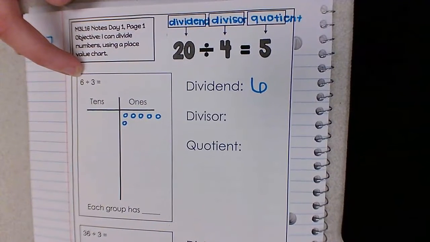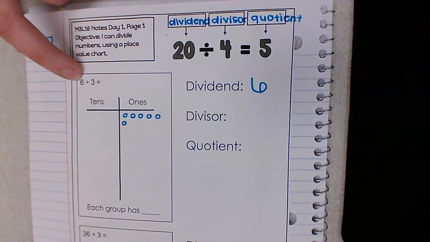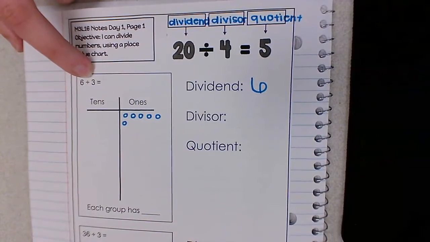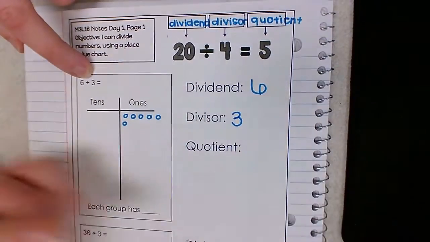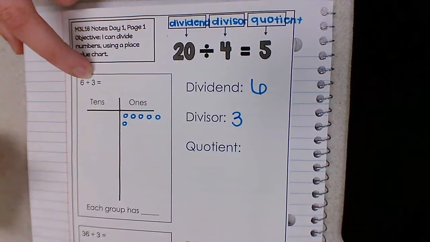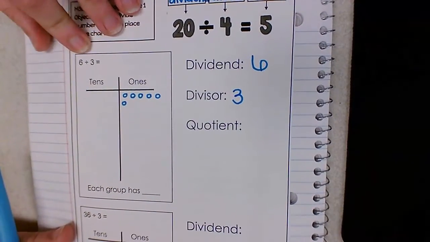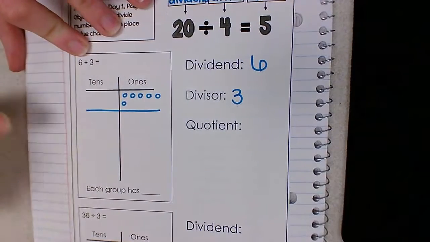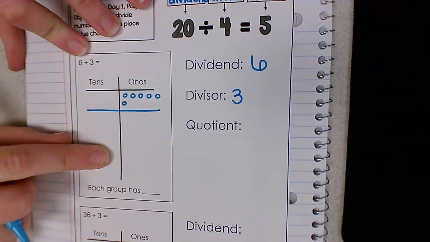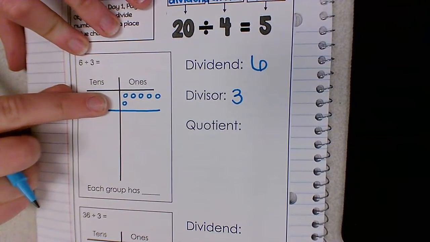6. Our divisor is the number of groups we're breaking our dividend into. We're dividing it into 3 groups, so our divisor is 3. On our place value chart, we model our 3 groups below. I'm going to draw a line that separates our groups that we're creating and our dividend that we're starting with.